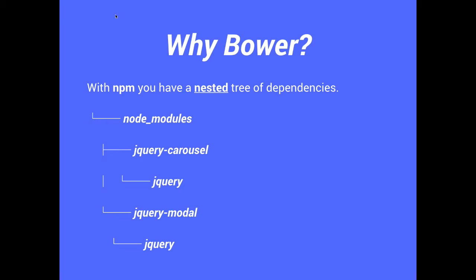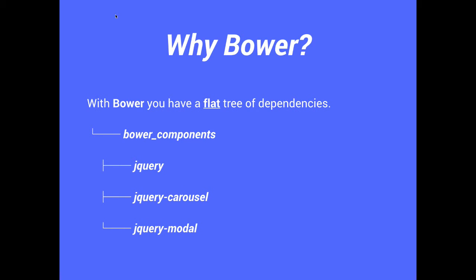If I try to run two different versions of jQuery on the same page, it's going to blow up and not work. So what Bower does is put all your dependencies in a flat tree. You have the bower_components folder, and you have only one jQuery version, and the two packages that you want.